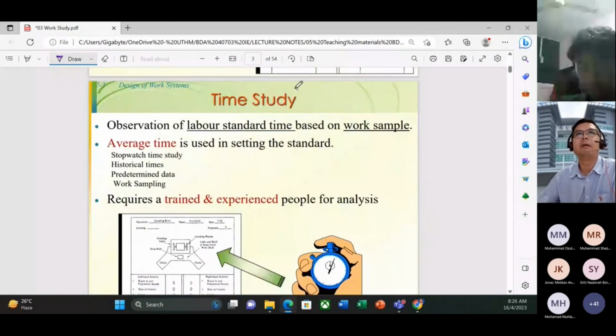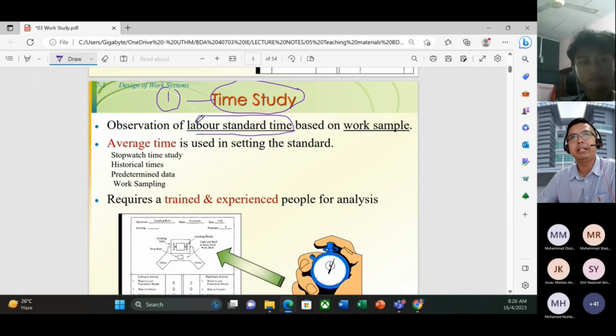Time study. Please remember, there are differences between a time study and work sampling. For time study, we focus on number one first. So what is a time study? The observation of the labor standard time based on work samples. Average time is used in setting the standard. In order to get the average time, we can use a stopwatch, time study, historical times, predetermined data, or work sampling.